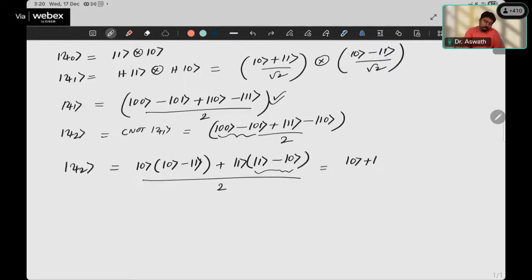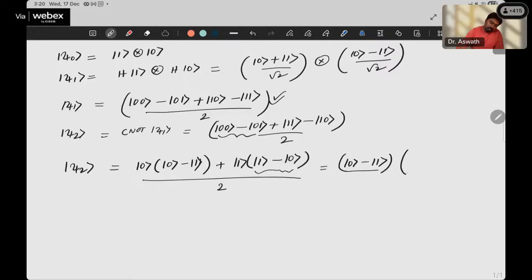Now, I want to take a common of 0 minus 1. Okay, so let me take that as a common. That would be easier to see. 0 ket minus 1 ket common.